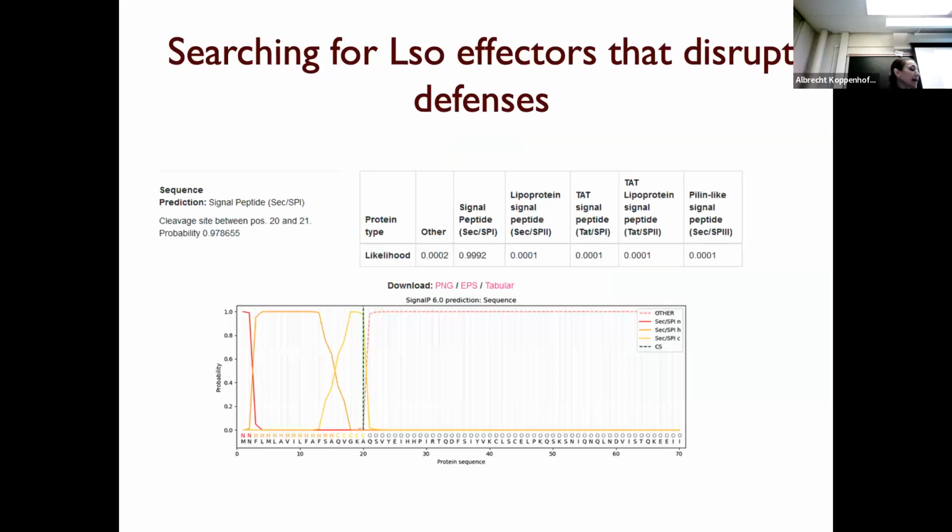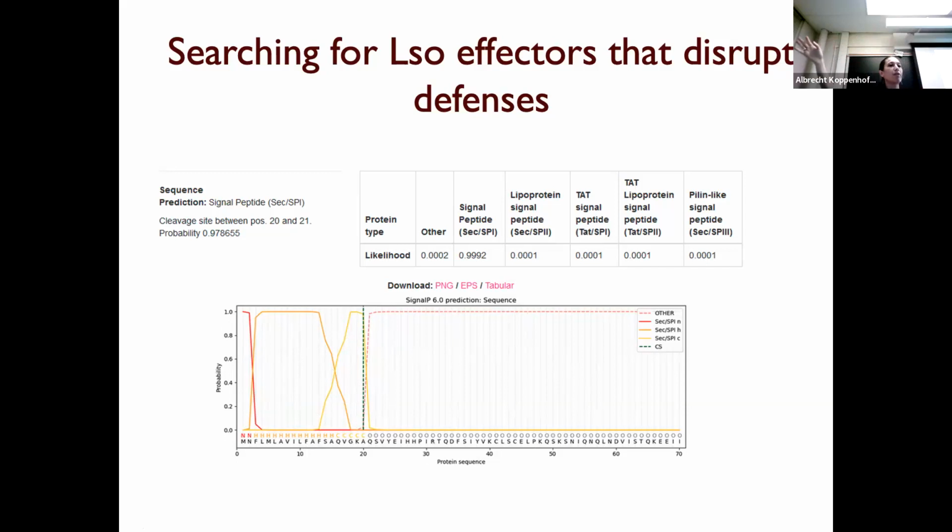So how do we identify effectors? Effectors are secreted proteins, and so they have this beautiful N-terminal domain that is very easily recognizable by bioinformatics. So here's a protein, and this is the prediction of the secretion domain, and this green dashed line shows that this domain is going to be cleaved, and so the effector, after being secreted, is liberated in the medium.